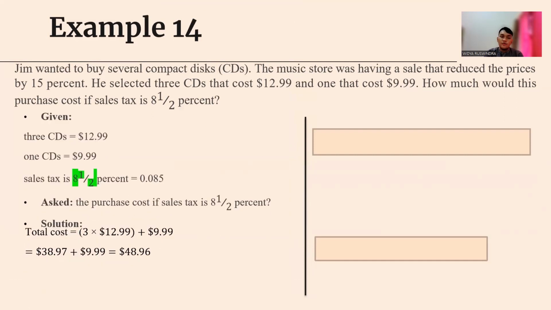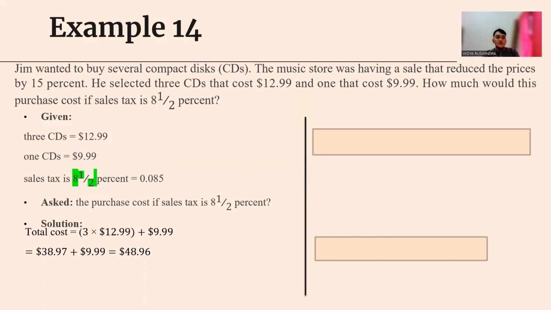So from the question, the price of each of the 3 CDs is $12.99, 1 CD is $9.99, and sales tax is 8.5%, which equals 0.085. What is asked in the question is the purchase cost if sales tax is 8.5%.